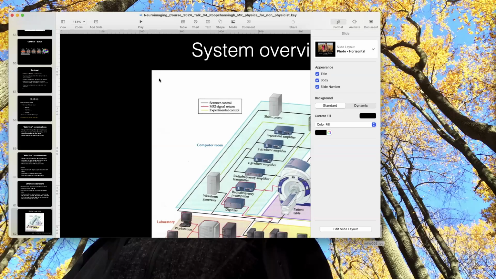Maybe one question. Sure. You talked about where the signal comes from, where the contrast comes from, where does the noise come from? So the question was, we've talked about signal and we've talked about contrast, and where those come from here. And the question was, where does the noise come from?